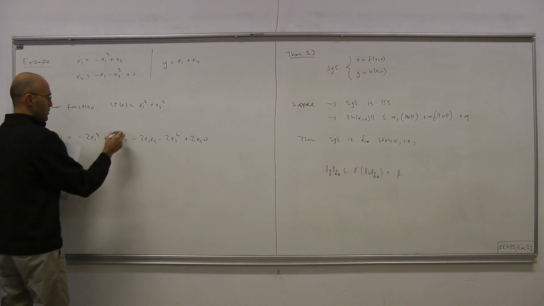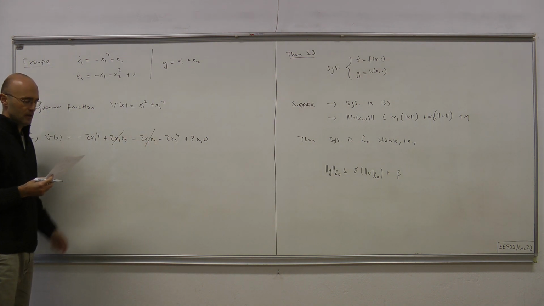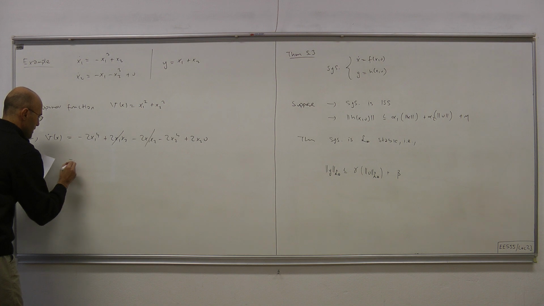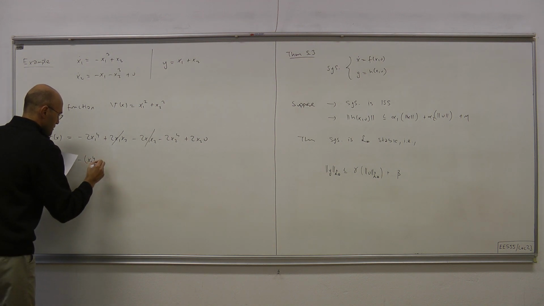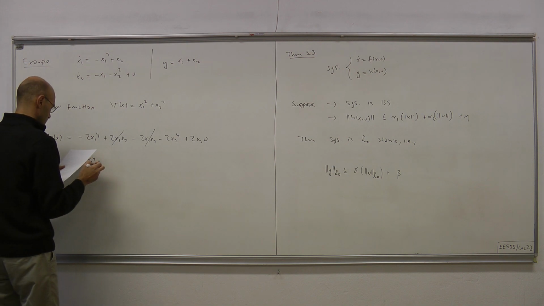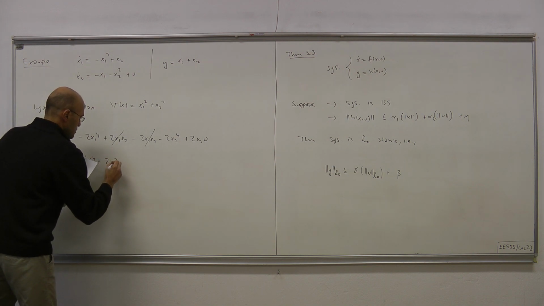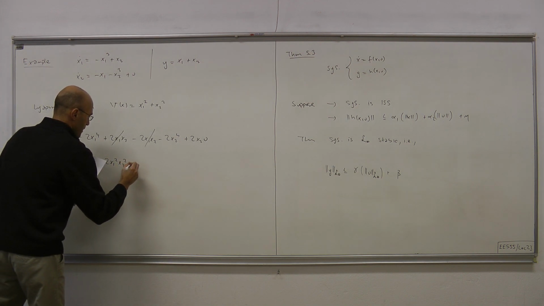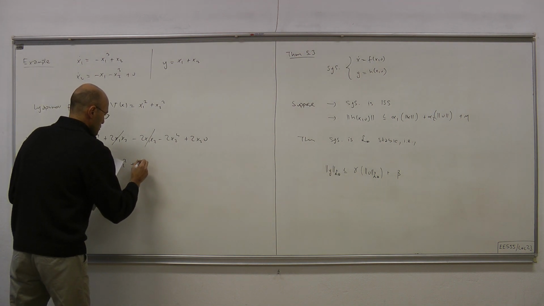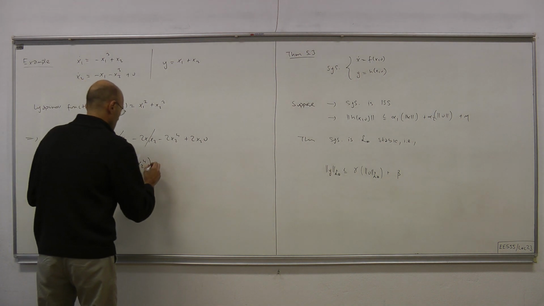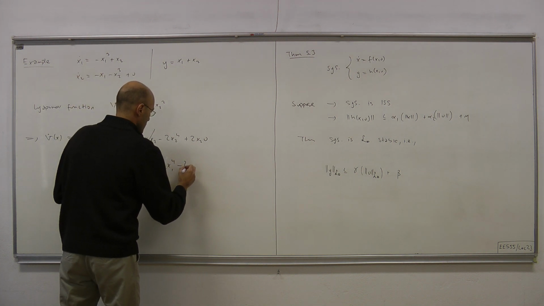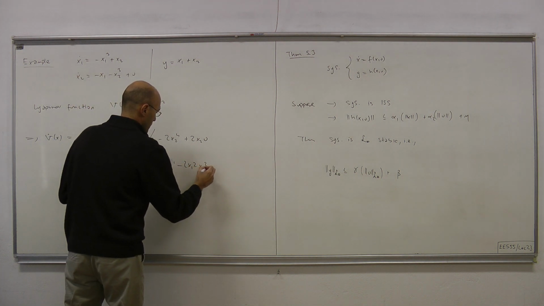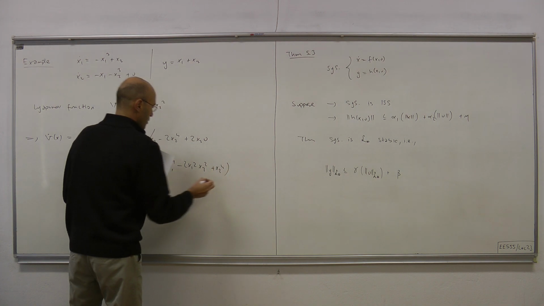Now this term and this term cancel out, and this we can write as minus x1 to the 4 plus 2x1 squared x2 squared plus x2 to the 4, minus x1 to the 4 minus 2x1 squared x2 squared plus x2 to the 4.